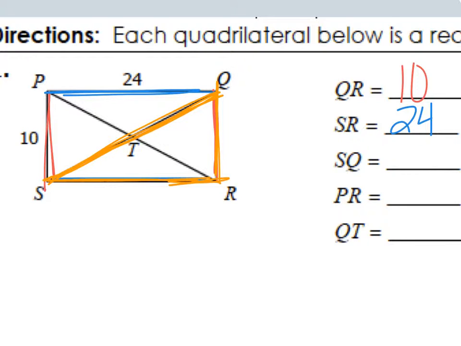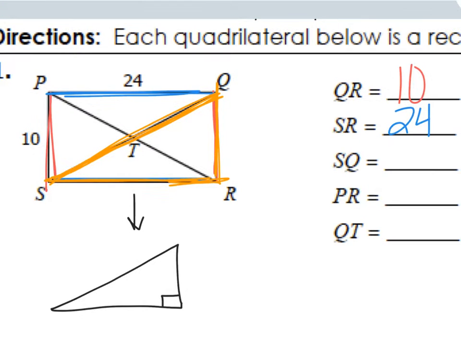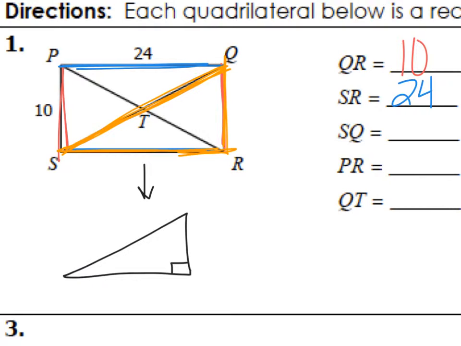Okay, so if I were to draw that down here as best as I can, I know that SR is 24, and I know that QR is 10.